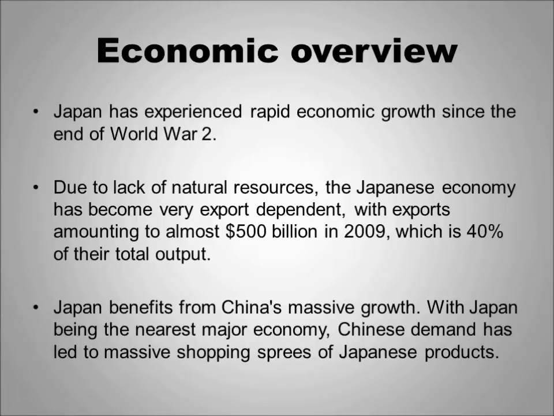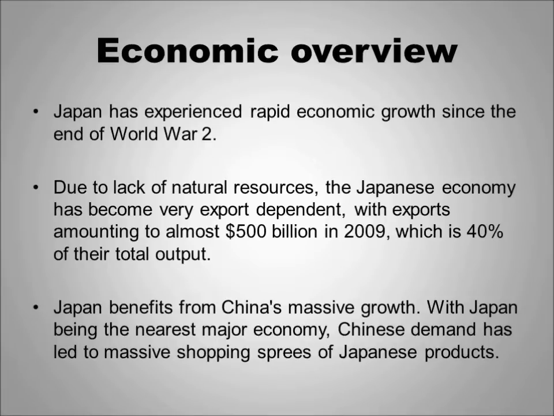So we're dealing with, well, right now, the second largest economy in the world, which is China. Japan being so close to China, that means a lot of people in China are more likely to spend money on Japanese products.